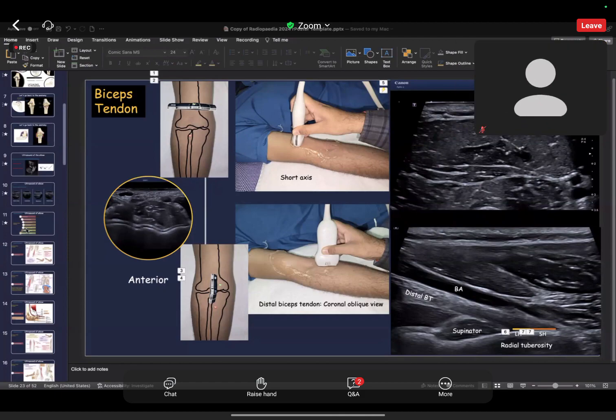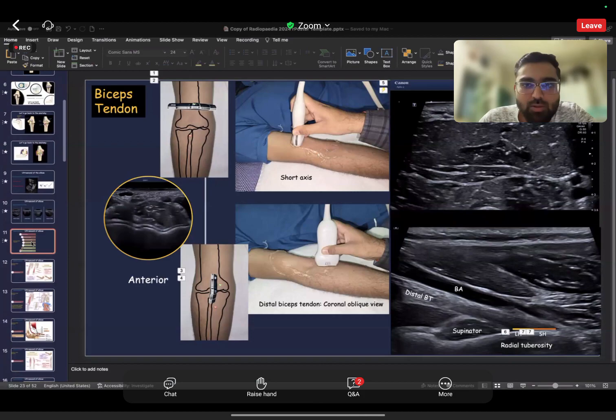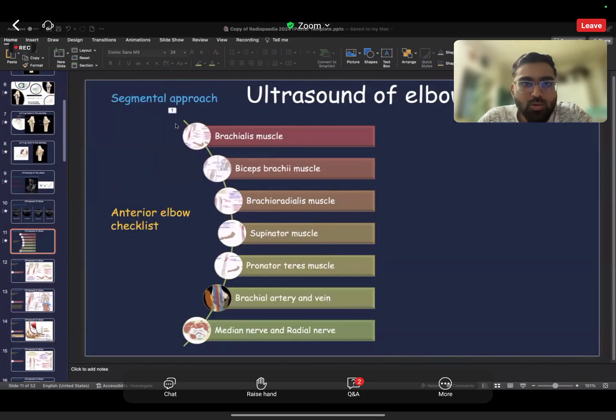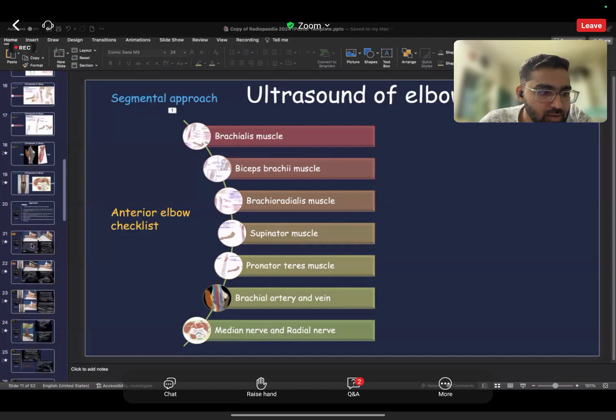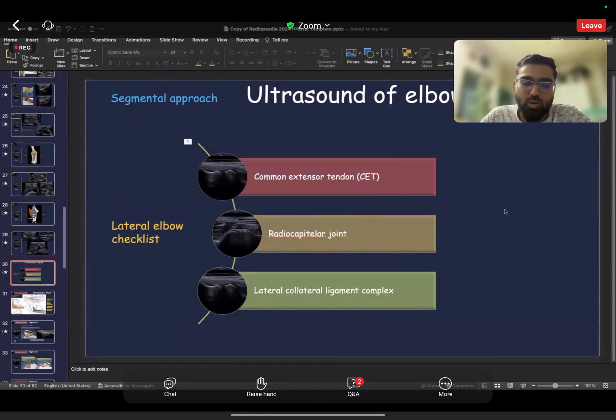Yes. Someone is asking what the checklist is. This is the checklist for the anterior elbow. You can take a picture of this anterior elbow checklist. Then we have the lateral elbow checklist: the common extensor tendon, the radiocapitellar joint, and the lateral collateral ligament complex.